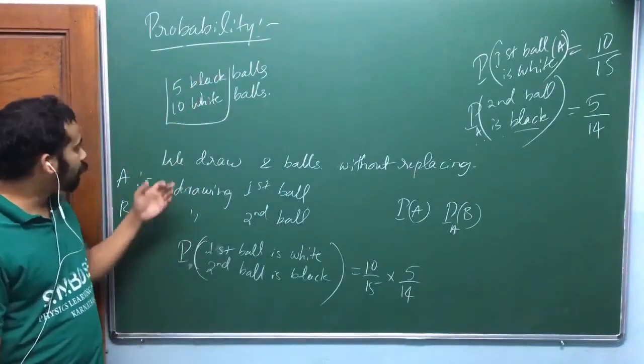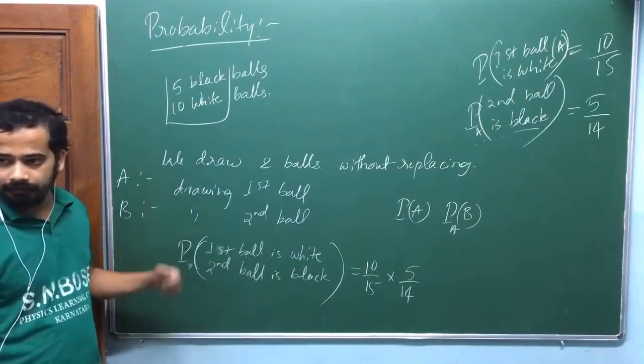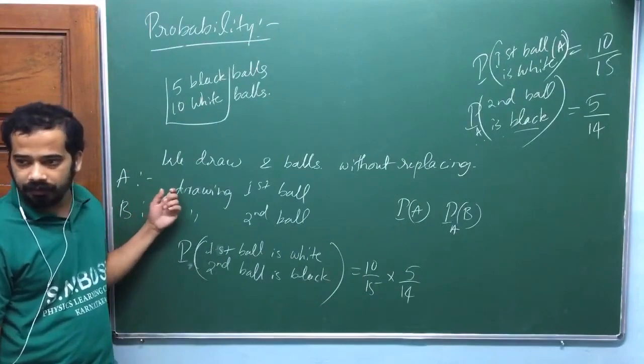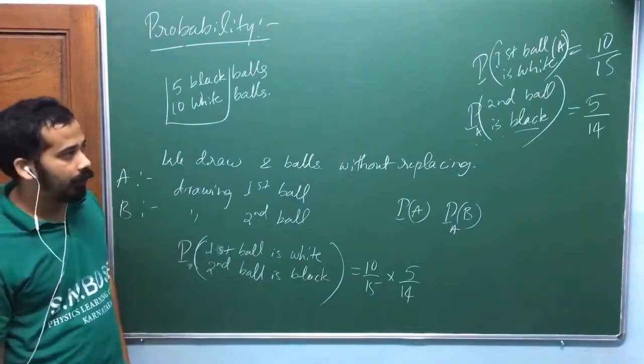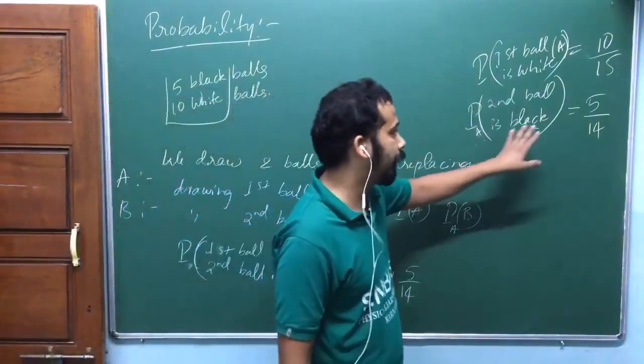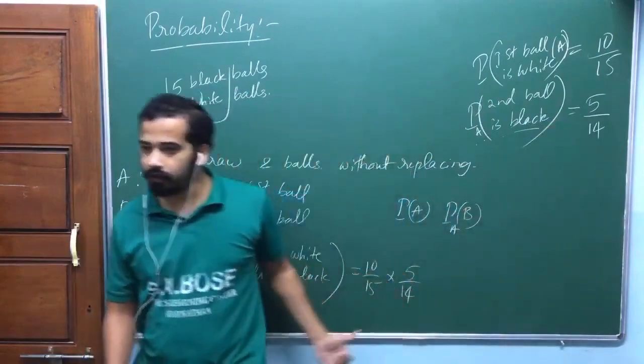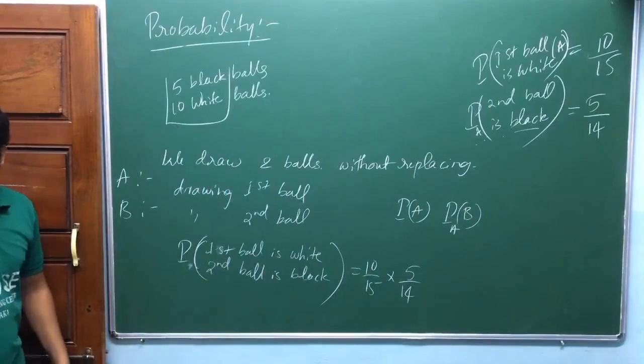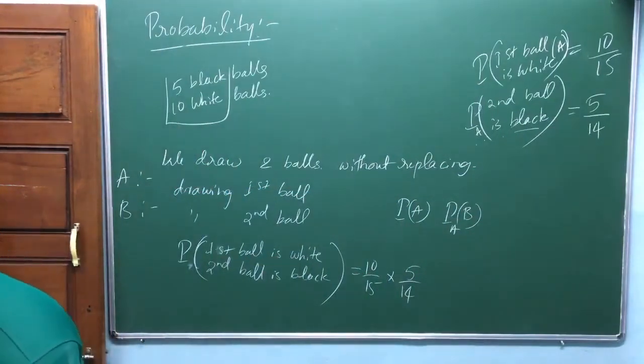This event B is not on a fresh system after event A, isn't it? After event A, again, number of balls is decreased there. So that's why, while dealing with probability that second ball is black, we write 5 by 14. The total probability is a product actually. Is that okay? Now we shall take one theorem here. These are the probability theorems.